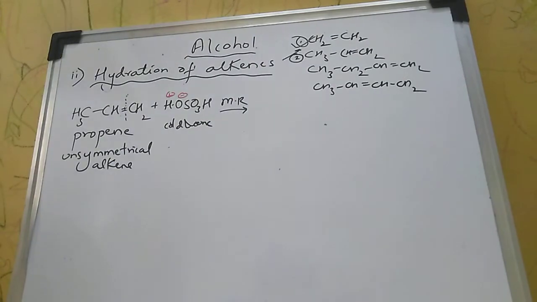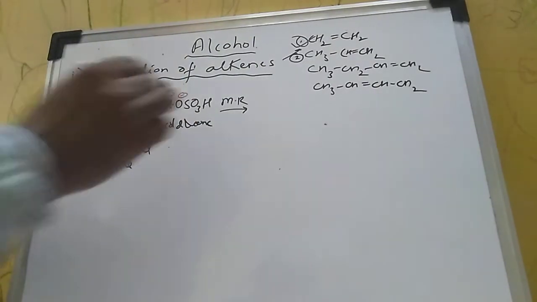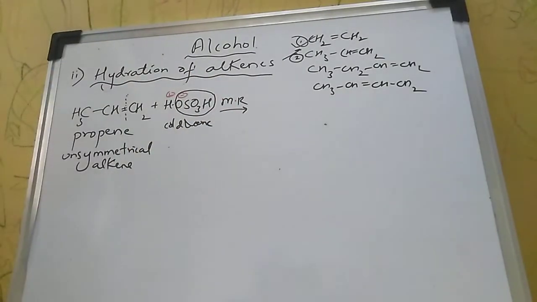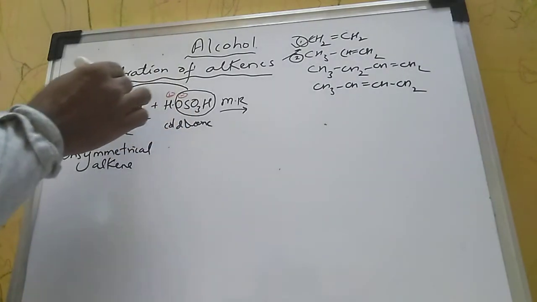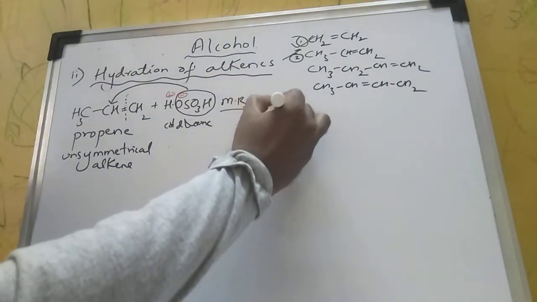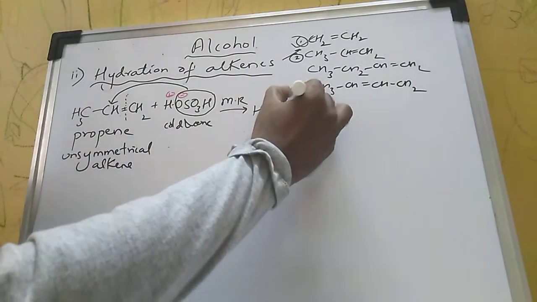In Markovnikov's rule, the negative part of the reagent goes and attaches to the carbon carrying less number of hydrogen atoms. So let's write down the intermediate.